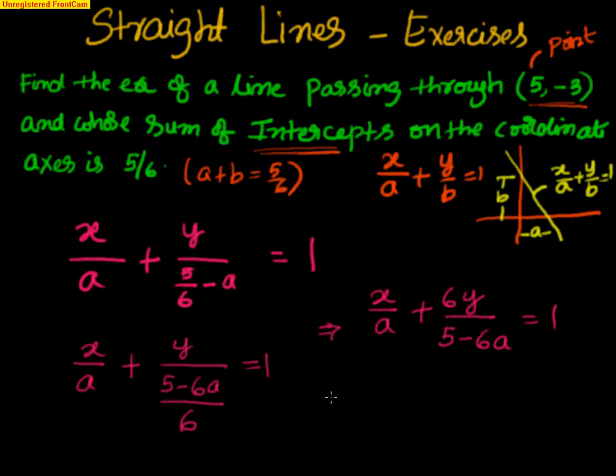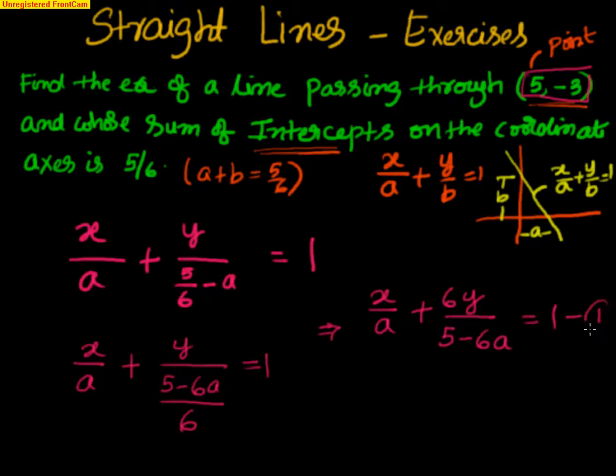This is what we got. But from here where will we go? I got a's here, but I still have x and y. There is another input here: it is passing through 5 comma minus 3. This line, whose intercepts on the coordinate axis sum to 5 by 6, is also passing through 5, minus 3.